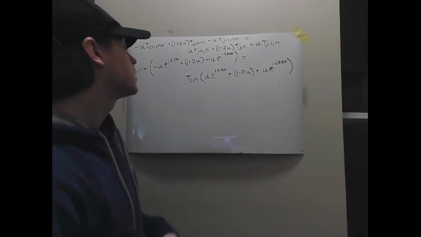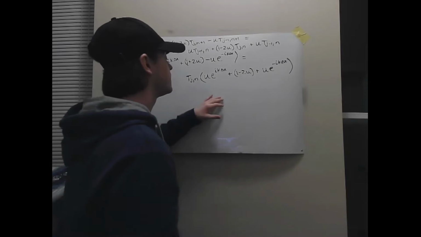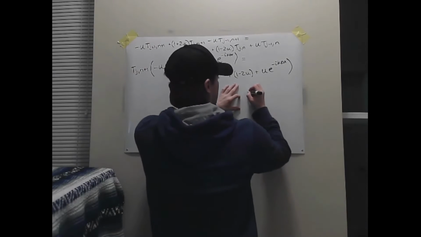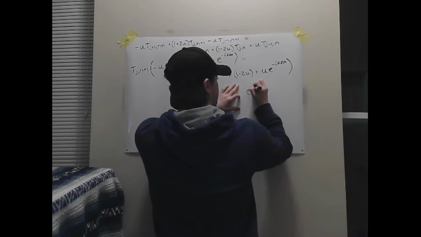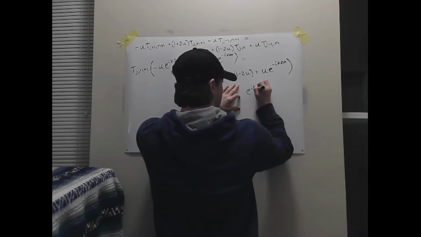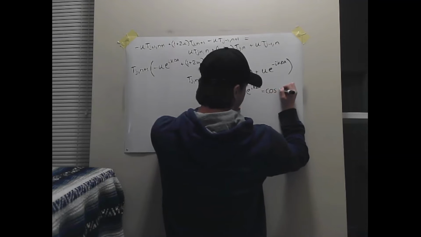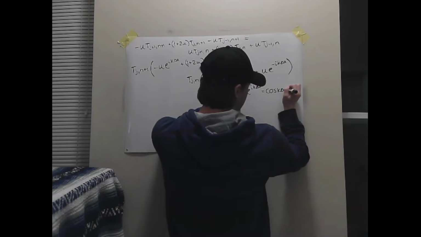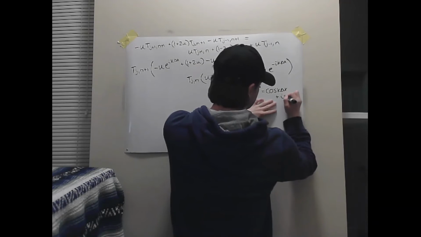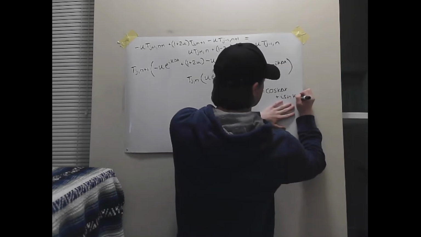Now I'm going to apply Euler's formula, and it's that e to the i k delta x is just equal to the cosine of k delta x plus i sine of k delta x.